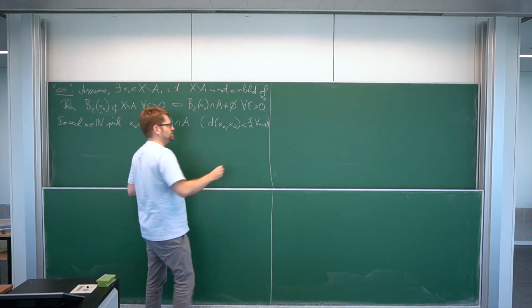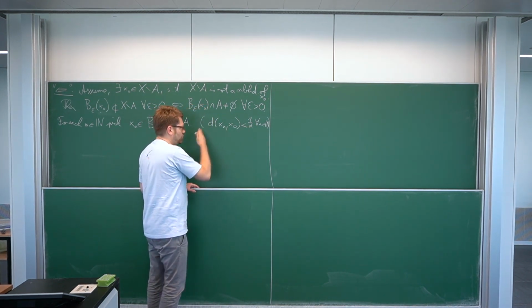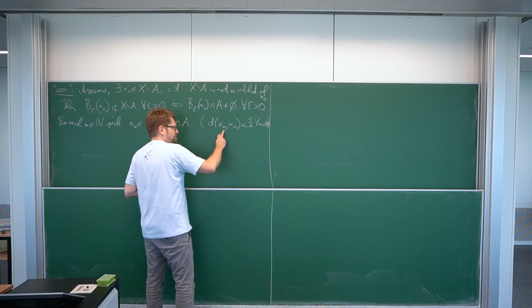If n goes to infinity, we see that this distance, since it's non-negative, is bounded from below by 0. So this goes to 0.